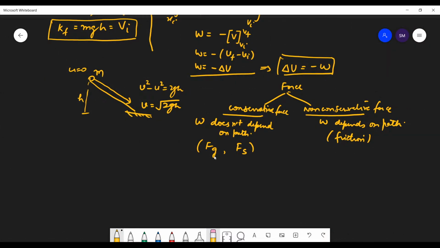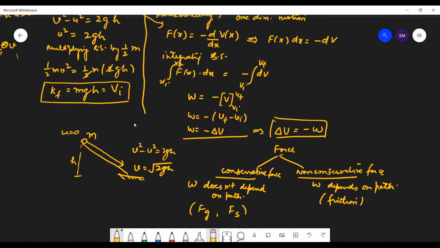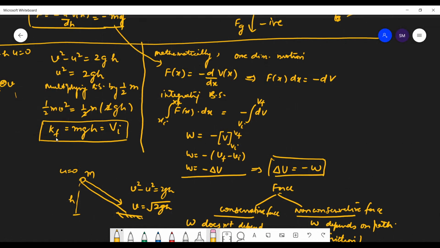So students, this is the base for what we are going to do in this chapter next. And another important thing we studied, that Kf is equals to Ki. So this is also a very important thing, the principle of conservation. So these are the two prominent things that we are going to do.